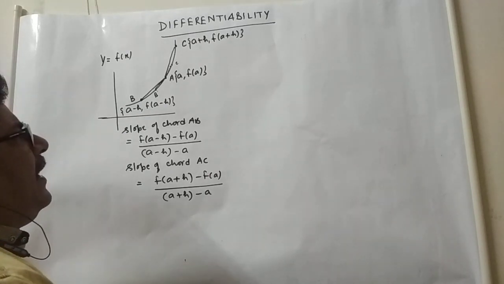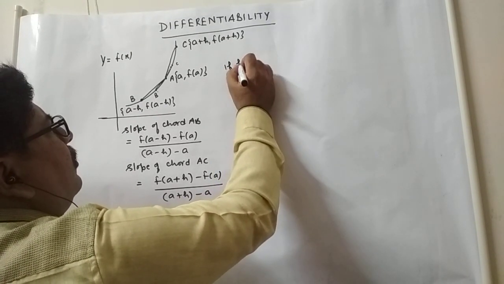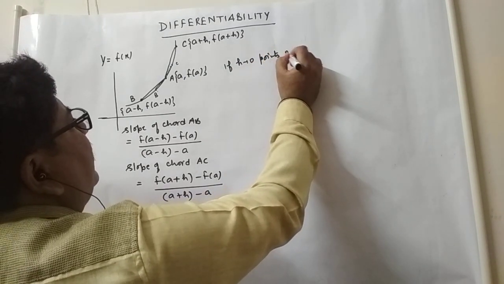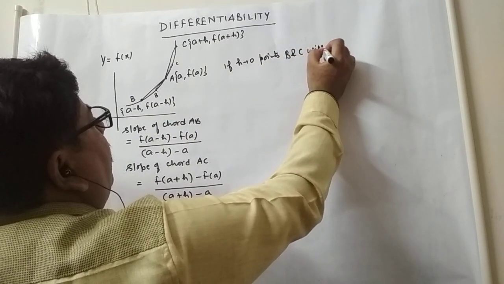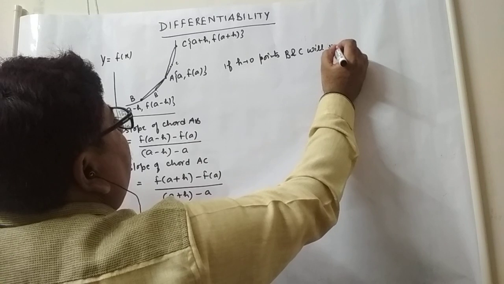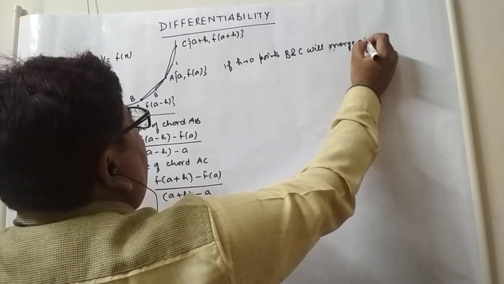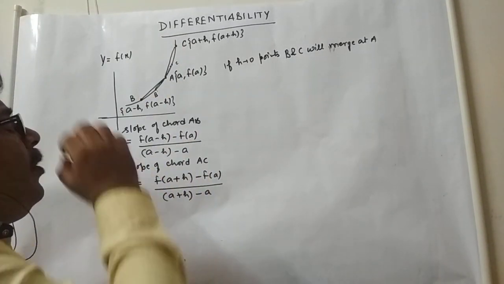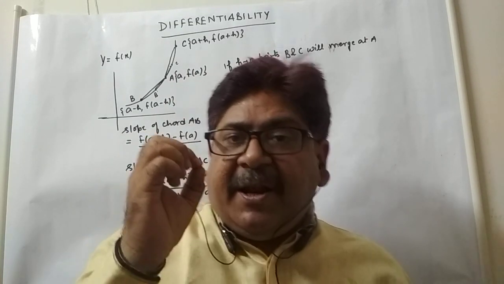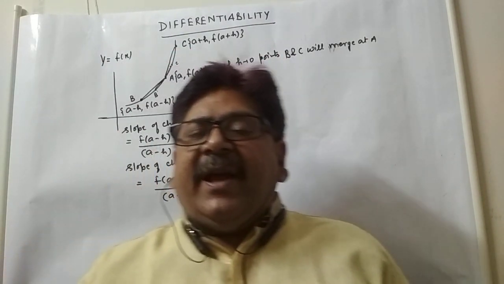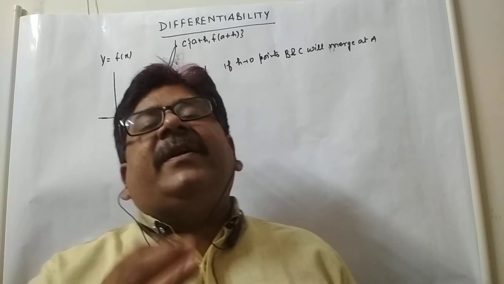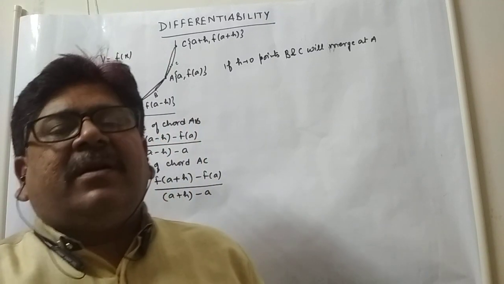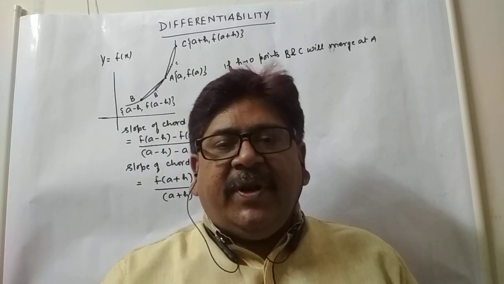So we say if h goes to 0, points B and C will merge at A. Now, if these points merge at A, then there will be only one point, and at any one point on any curve, we can draw only one tangent. Now, if the tangent is unique, then its slope will also be unique.